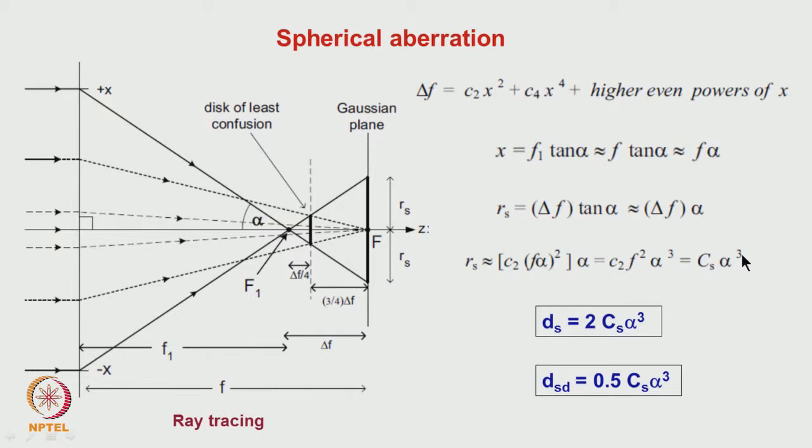That is the radius of the image, so the diameter is going to be 2 Cs alpha cubed, and at the disk of least confusion, the diameter is going to be 0.5 Cs into alpha to the power of 3. So, for a point object, we can make out that it is not a point image; what we get is a disk of least confusion.